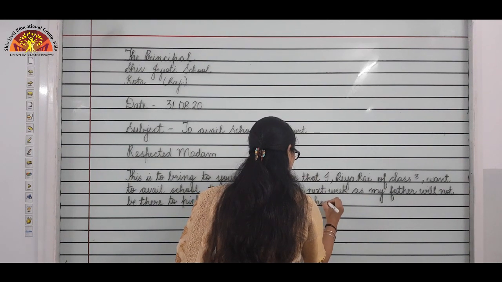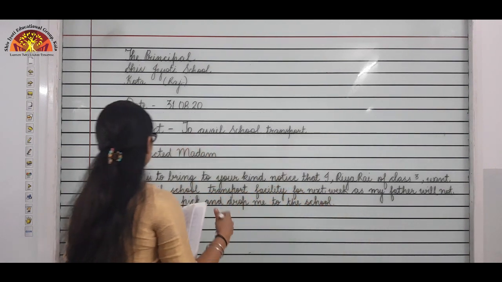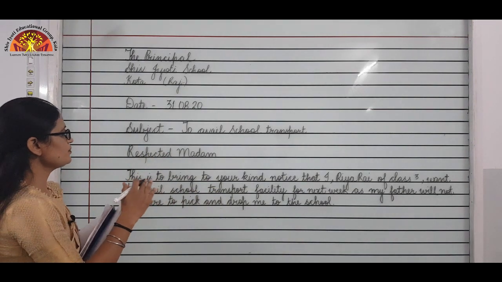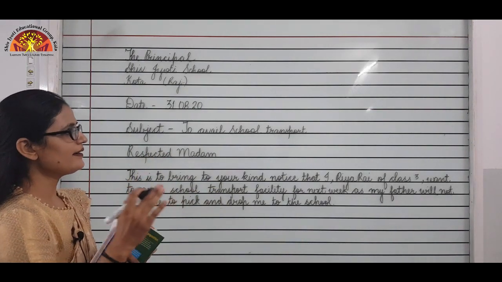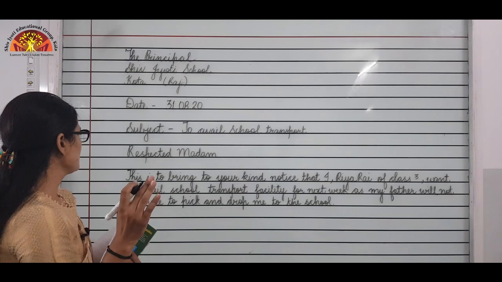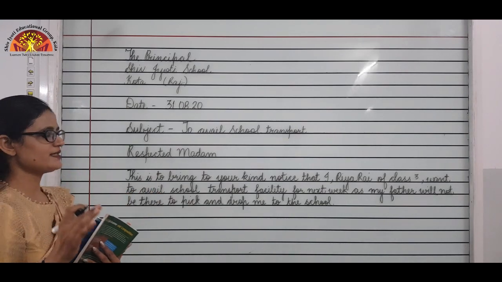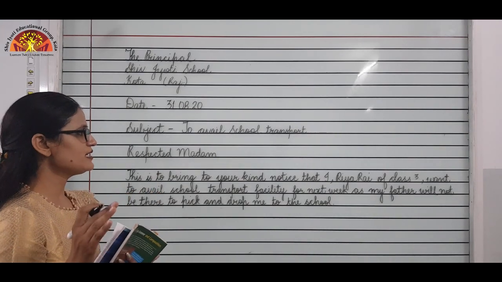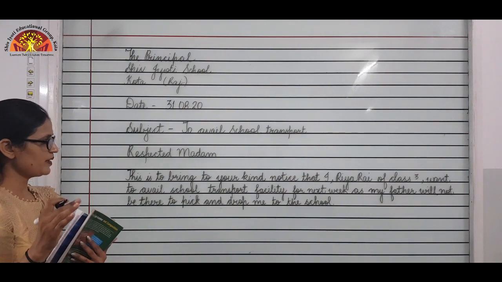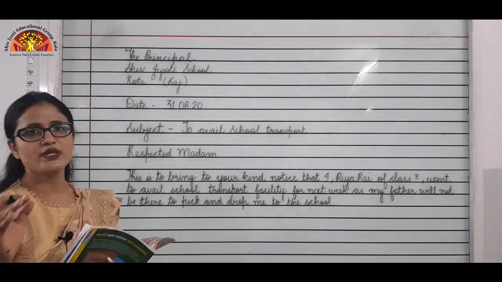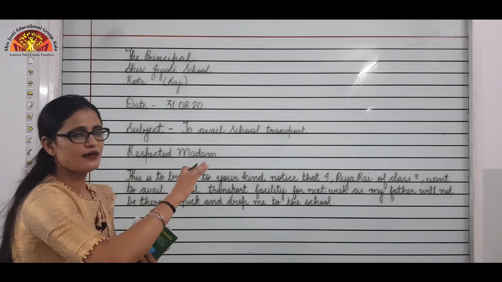Okay, now as you have written it, this is to bring to your kind notice that I, Ria Rai of class 3, want to avail school transport facility for next week as my father will not be there to pick and drop me to the school. Till here you have to write in a running way.